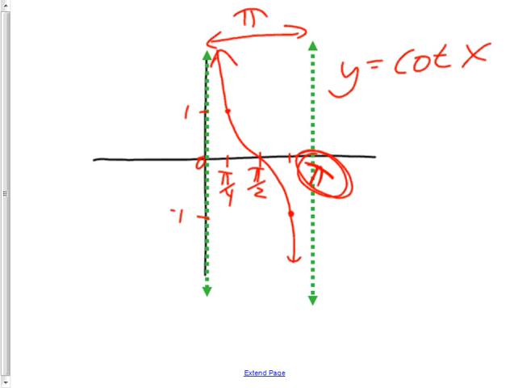All right, to see if you understood that, morph your graph to reflect this: 3 cotangent 2x.